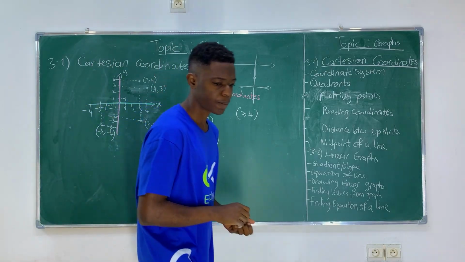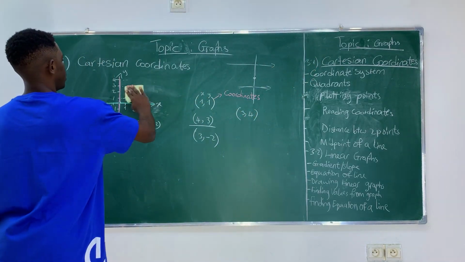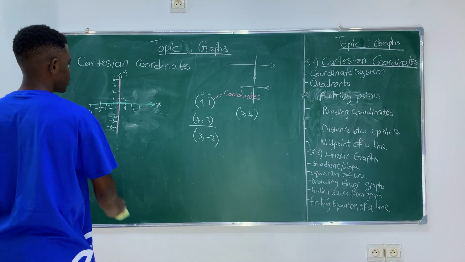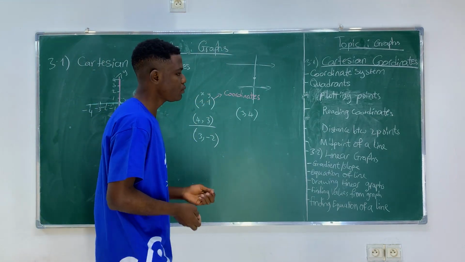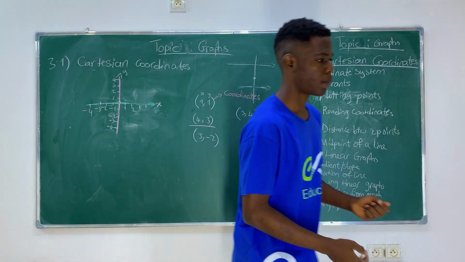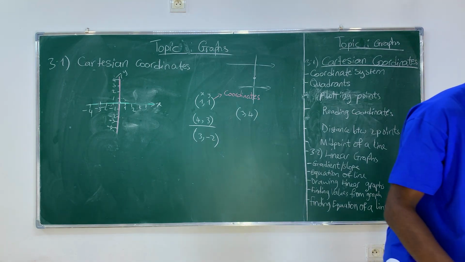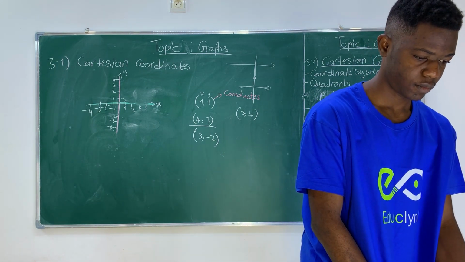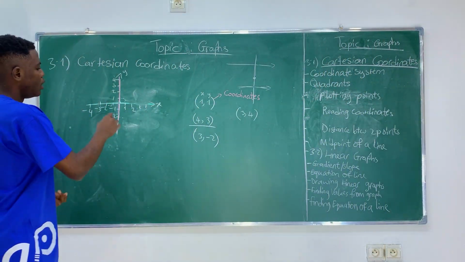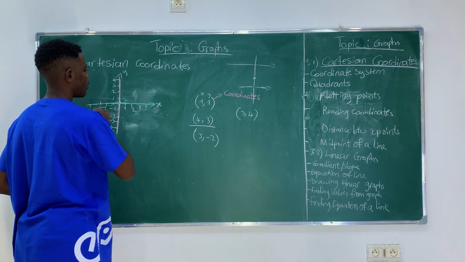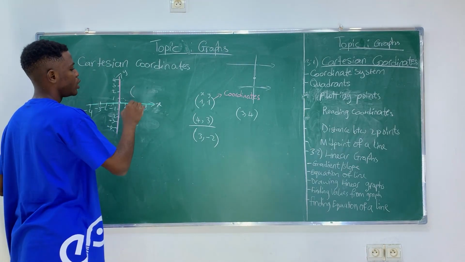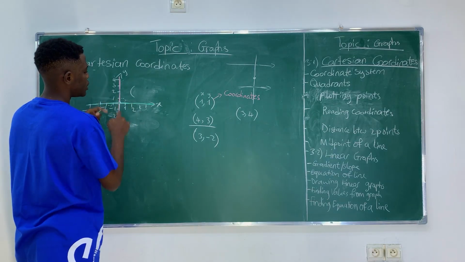on the Cartesian plane. So now that we know how to read coordinates on a plane, let's check the quadrants. So here, you know that every value that you get here will be positive and positive.